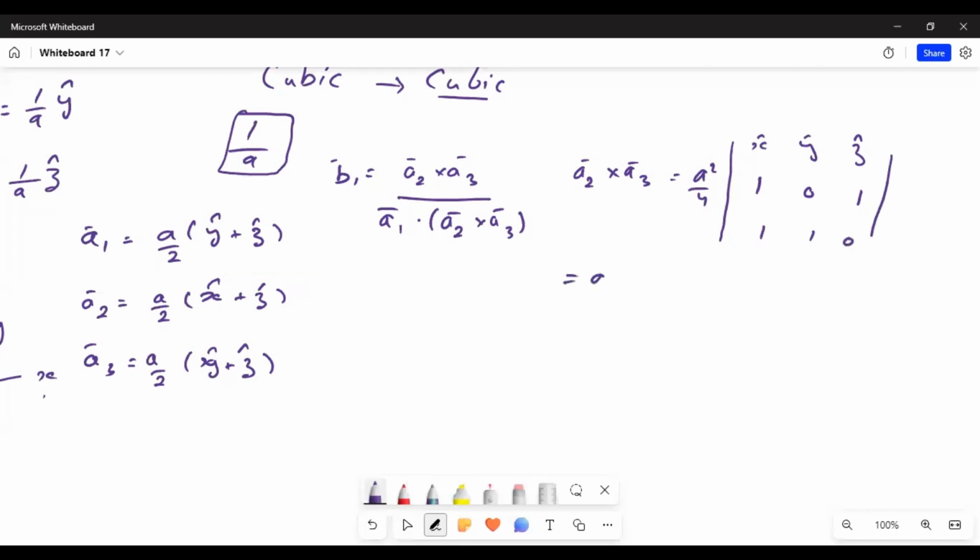It will come out to be a square by 4 times x cap: 0 minus 1, minus y cap: 0 minus 1, plus z cap: 1 minus 0.